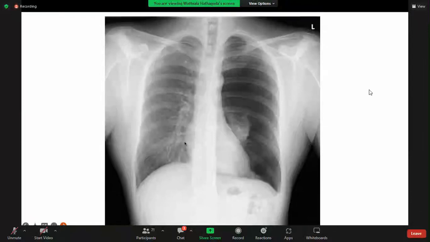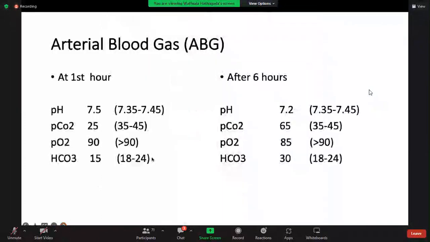All right. So as you can see, here there's a pneumothorax, and those are the things we have to do. All right, so this is the blood gas. Who's going to interpret this?